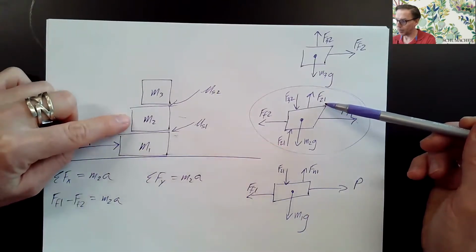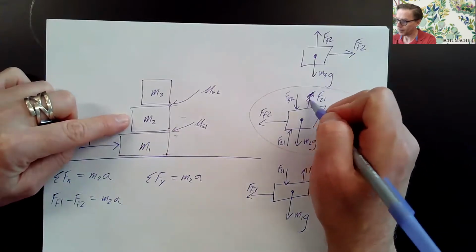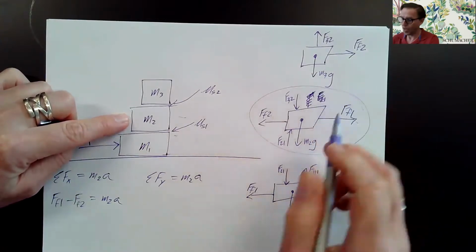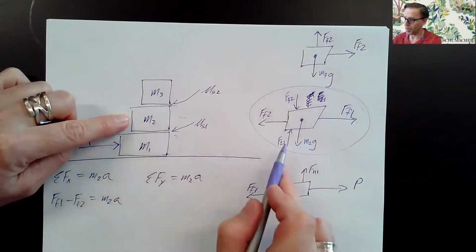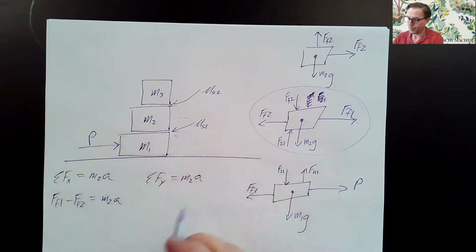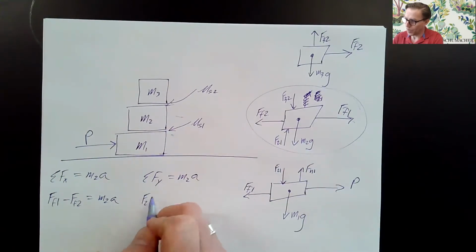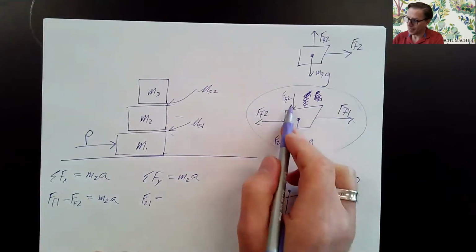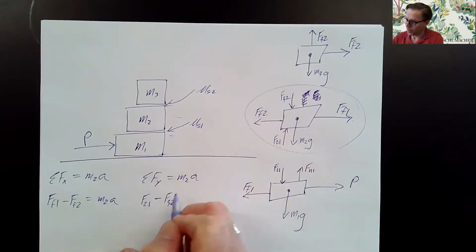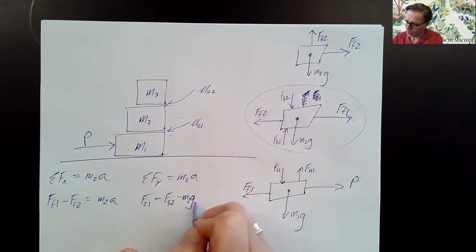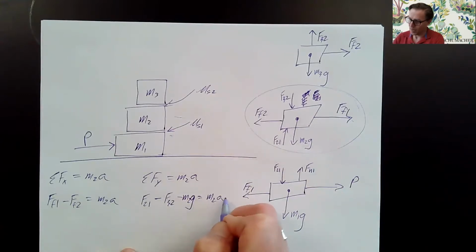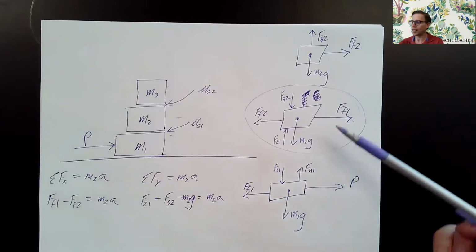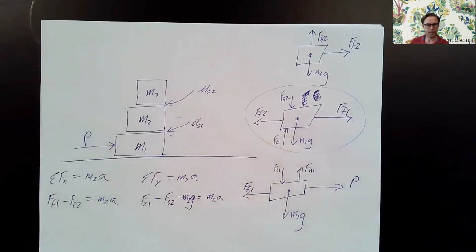Who's pushing this block up? Just the bottom block pushes this block up, and I've already got it there. F21 minus F32 minus M2G equals M2A. So that's how I would write those equations.